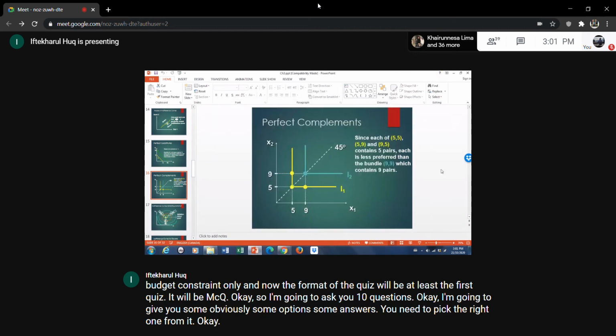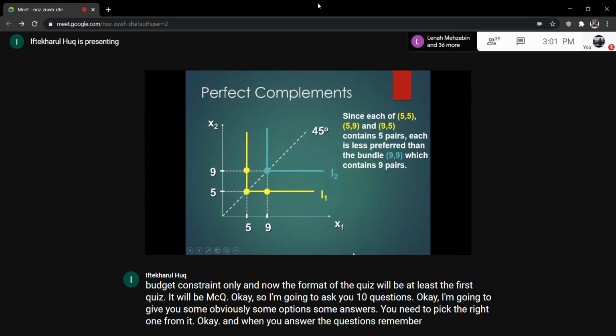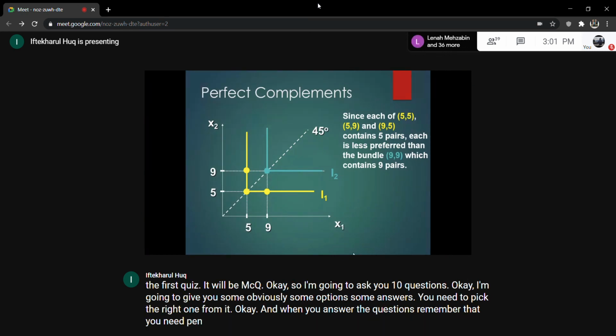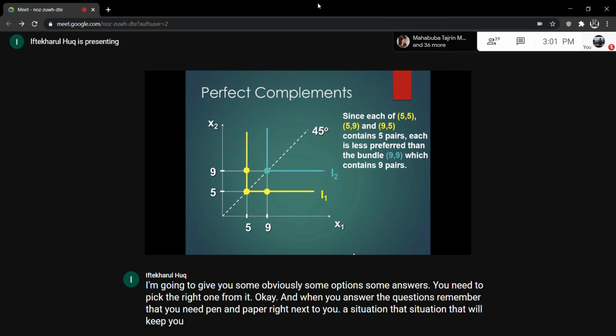Okay, and when you answer the questions, remember that you need pen and paper right next to you. Okay, কারণ আমি আপনাদেরকে সিচুয়েশনটা দিয়ে দিব এবং সিচুয়েশনটা দিলে কি হবে সেটা আমি আনসার দিয়ে দিব. Okay, but সিচুয়েশনটা যদি আপনি ড্র করতে না পারেন, you will not be able to answer the question. Okay, so আমি এখন বললাম যে P1 will increase by 10%.